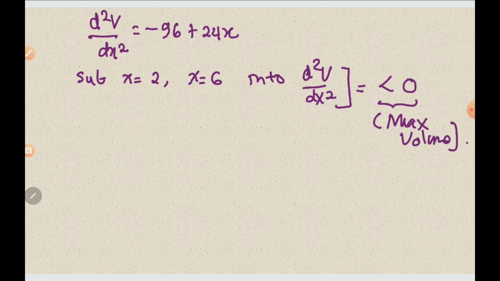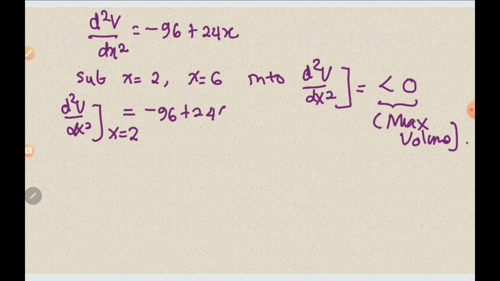Firstly, we substitute x equals 2. So d squared V over dx squared, when you substitute x equals 2, you will get negative 96 plus 24 times 2, and the answer is negative 48. Negative 48 is less than 0, a negative value.